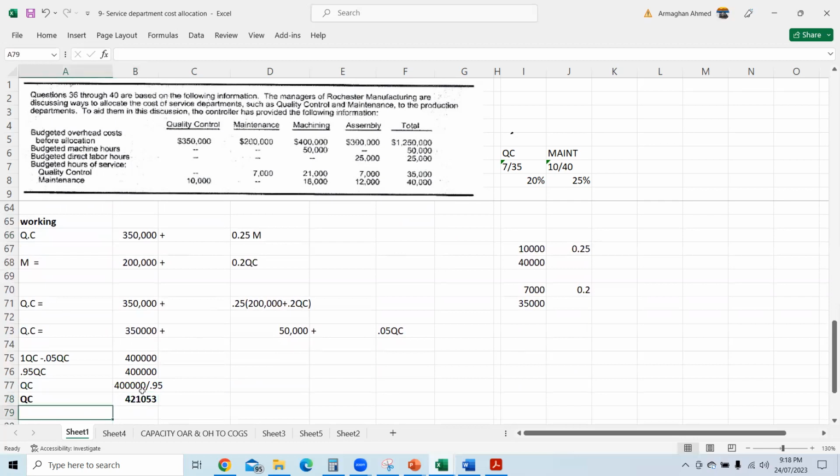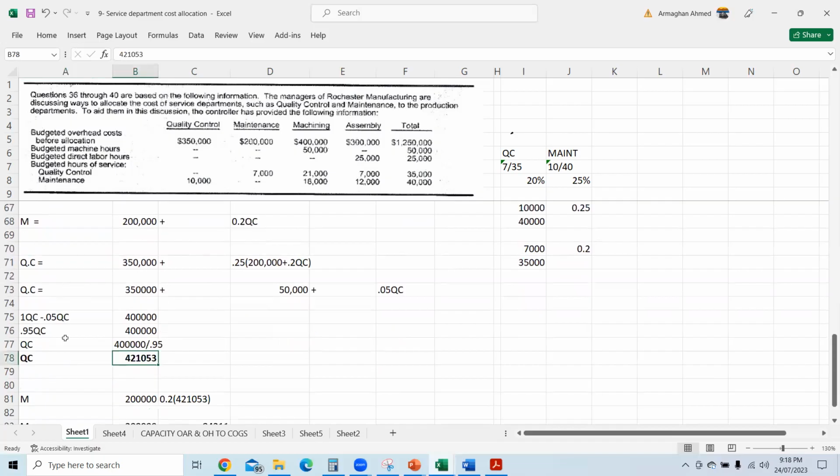QC cost is 421,000. So now if in this equation you put this 421,000 cost, let's write down the maintenance cost, which is equal to what? 200,000 plus 0.2 at the place of QC.